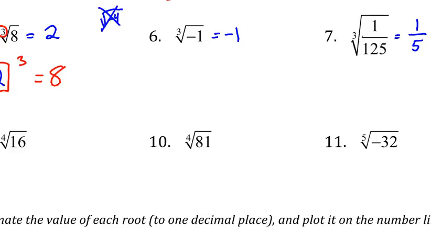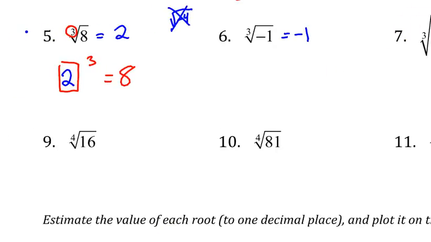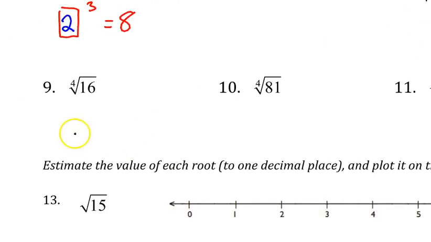Alright, so when it came down to fourth roots, you just adjust it ever so slightly. So the fourth root of 16 is 2, because 2 times 2 times 2 times 2, 4 times, is 16.